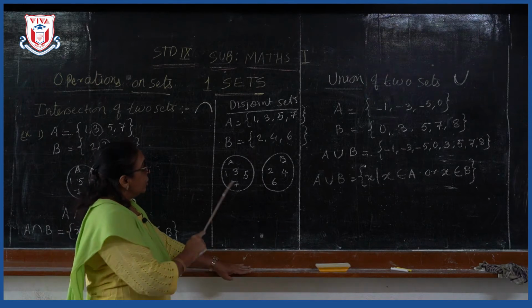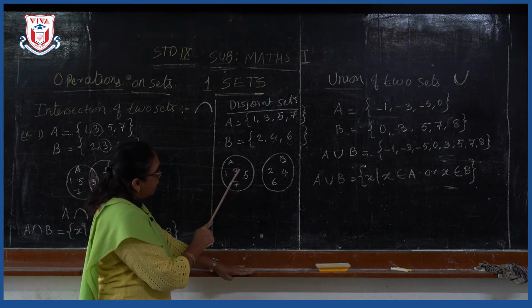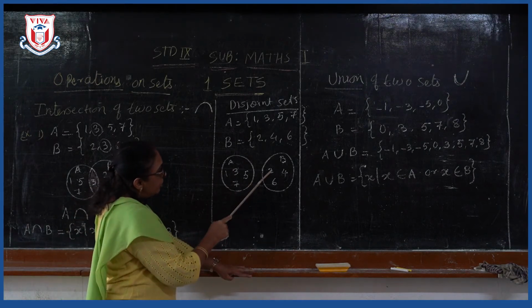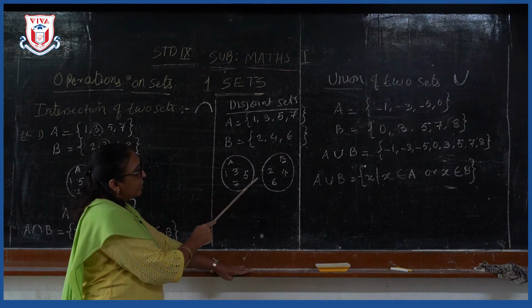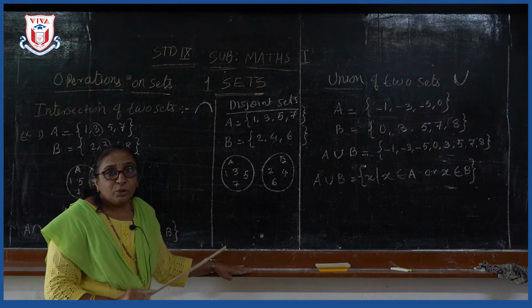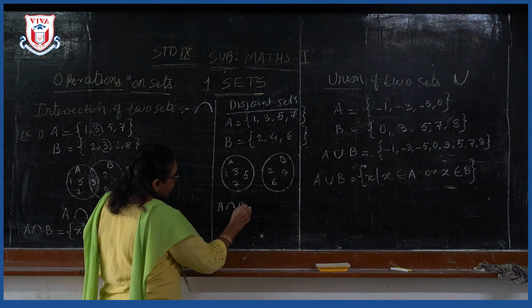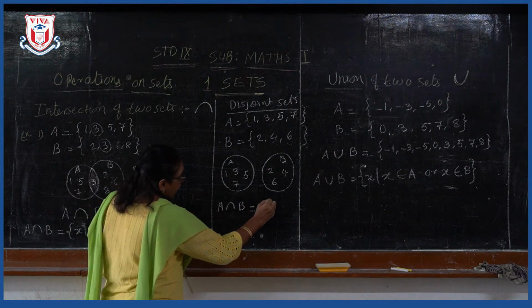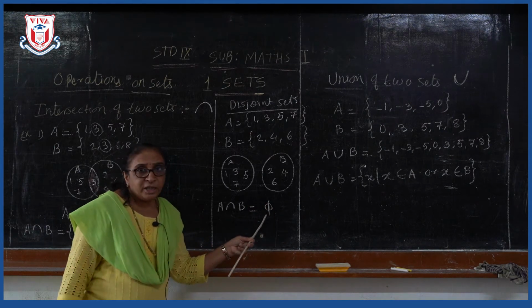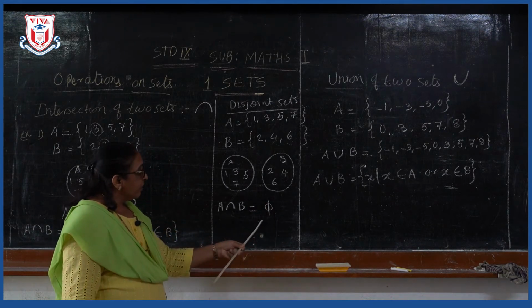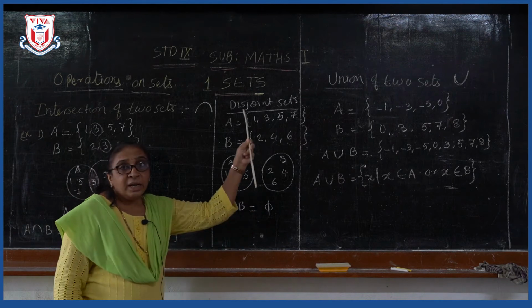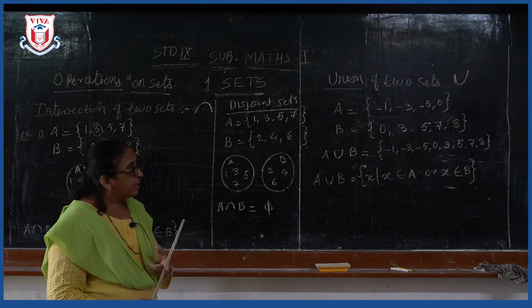No. So set A is written separately 1 3 5 7, B is written 2 4 6, that means no common element. So there is no intersection. Here we can say that A intersection B is the null set. See, this is the symbol for the null set, and then they are called disjoint sets.